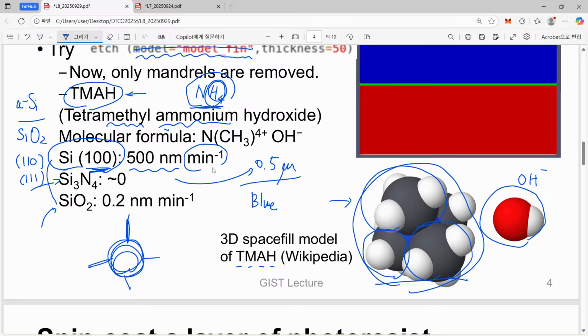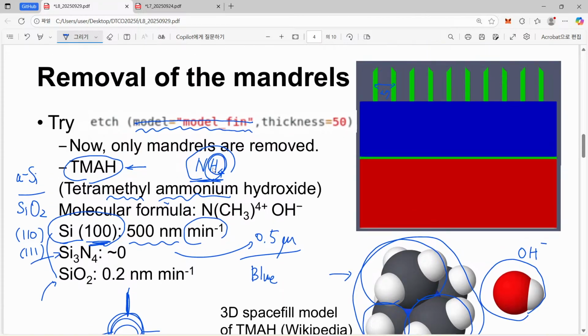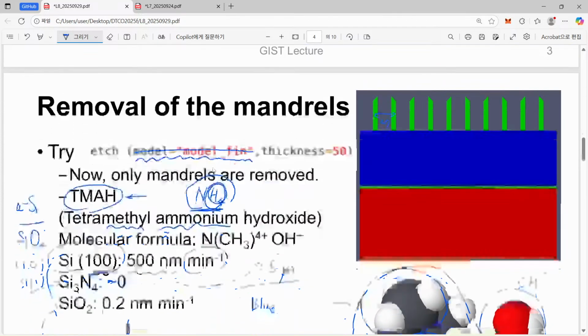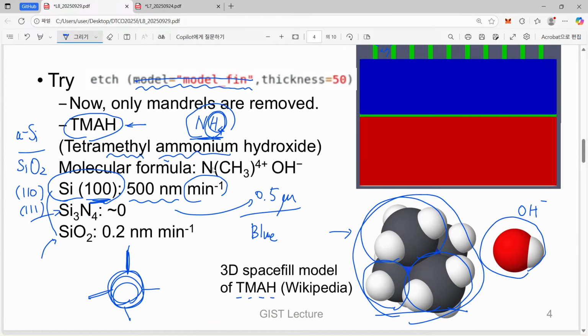But anyway, our mandrel is usually made of amorphous silicon, and as an experimentalist, you can just repeat your experiment to estimate the etch rate of your mandrel layer.